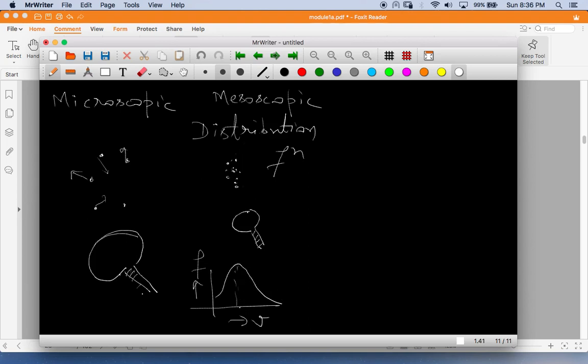So in this kind of limit, a distribution function makes sense. Not each individual particle, but a function that tells you the distribution of velocities of these particles, or temperatures, and so on. And then the most coarse-grained description would be the macroscopic description.